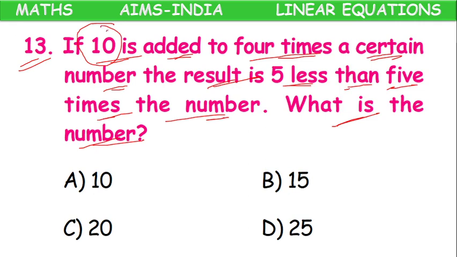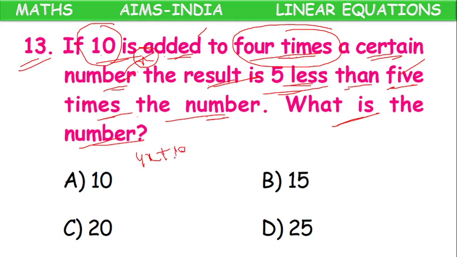Let us say the number is x. Here 10 is added to 4 times a certain number: 4 times the number is 4x, plus 10 is added. This is one condition.